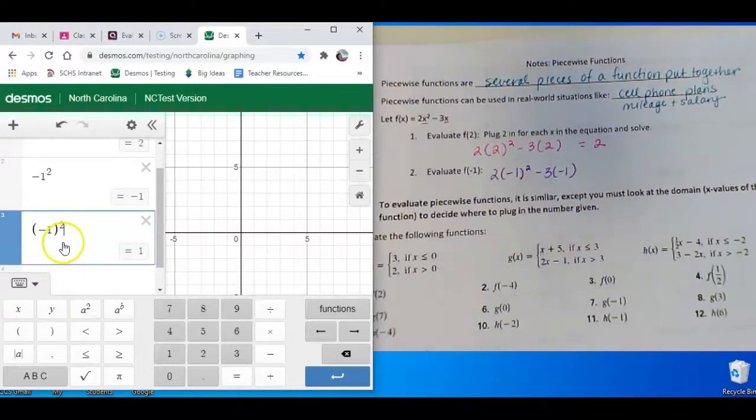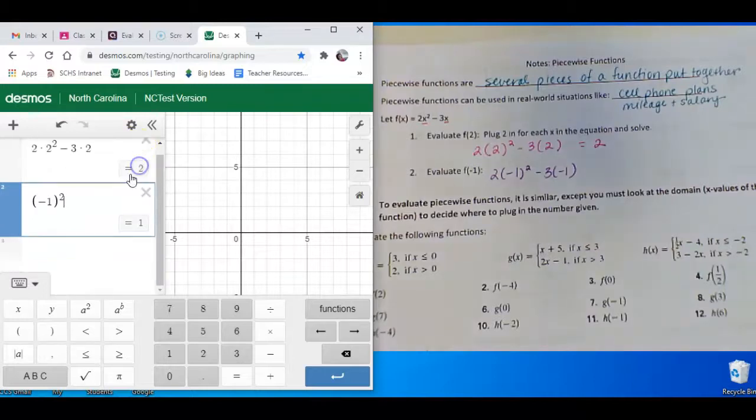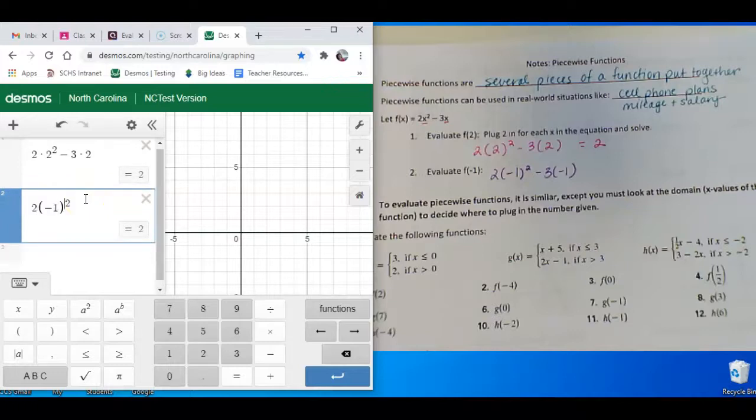Negative 1 in parentheses squared means you're squaring the negative 1. You're doing negative 1 times negative 1. That's why you get a positive. Without the parentheses, that means square the 1 and then just put a negative on it. So those two things mean differently. So make sure when you do this one that you put it in correctly. It's actually asking you for the second one. So if I were going to do that, I would put 2 times negative 1 squared minus 3 times negative 1. And in that case, we get 5.